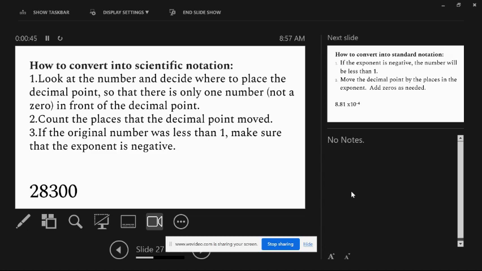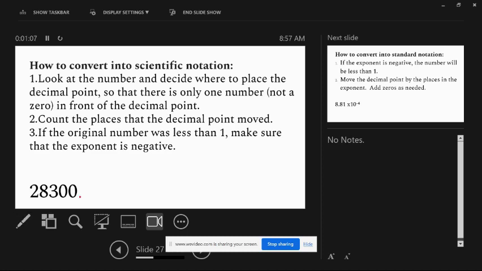We decided where to place the decimal point, so there's only one number, not a 0, in front of the decimal point, and we count the places that it moved. If the original number was less than 1, make sure that the exponent is negative. So for this one here, there is no decimal point, so we're going to imagine our decimal point to be here.